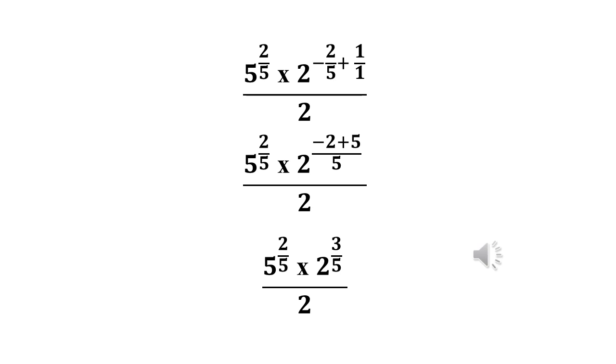Minus 2 plus 5 over 5, all over 2, which will now give us 5 raised to power 2 over 5 multiplied by 2 raised to power 3 over 5, because minus 2 plus 5 is 3. So we now have 2 raised to power 3 over 5 all over 2. That is, we have 5 raised to power 2 over 5 multiplied by 2 raised to power 3 over 5 all over 2.